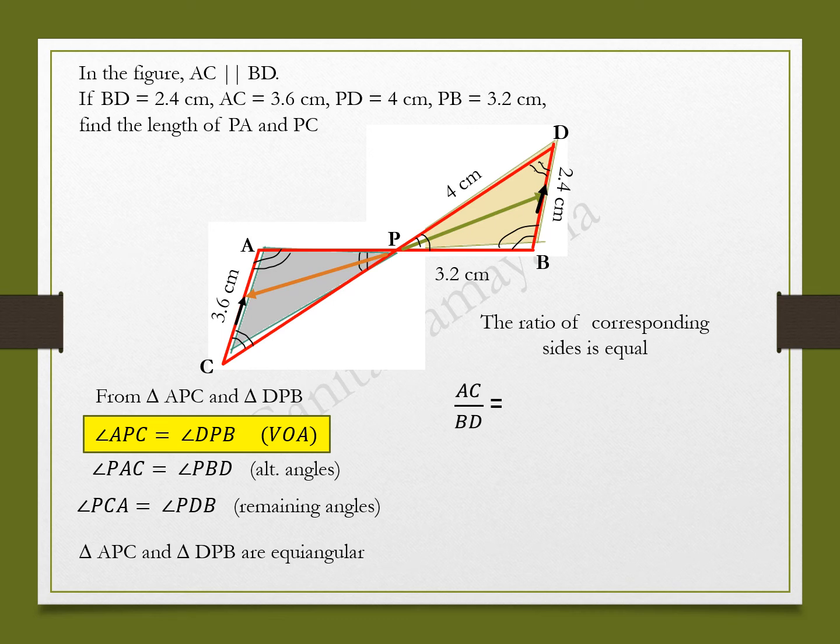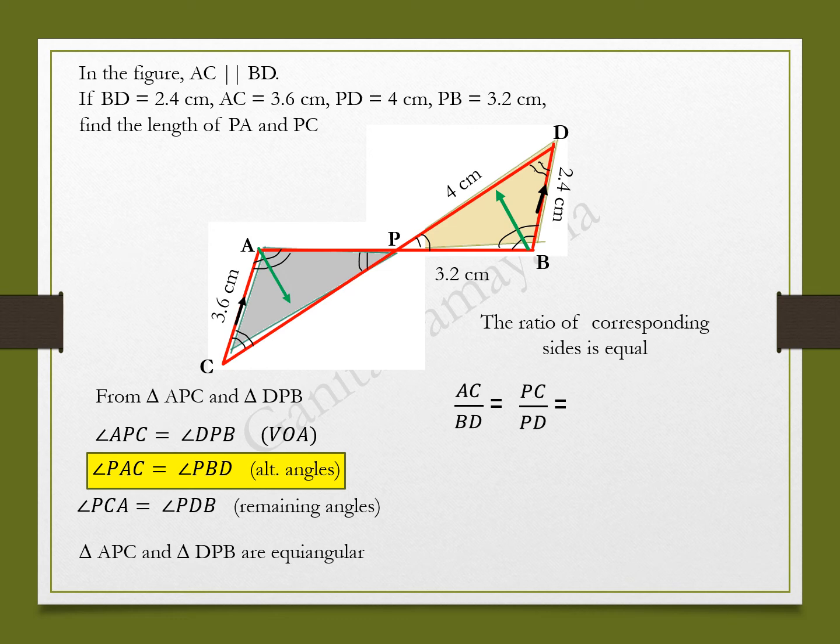So for that we consider the next angle. Angle PAC equal to PBD. Which is the side opposite to PAC? PC. And which is the side opposite to PBD? PD. So what will we write now? Yes, PC by PD.